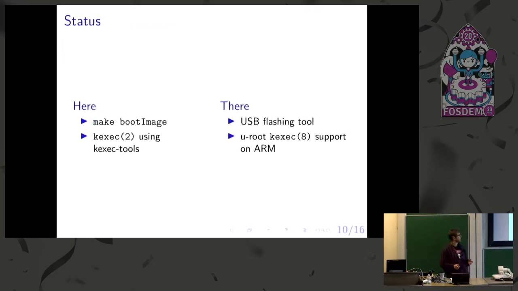At the moment, what we've got, we can configure the kernel to build an image for a selected board, in our case the XU4, to boot without U-Boot and start another fully fledged kernel.